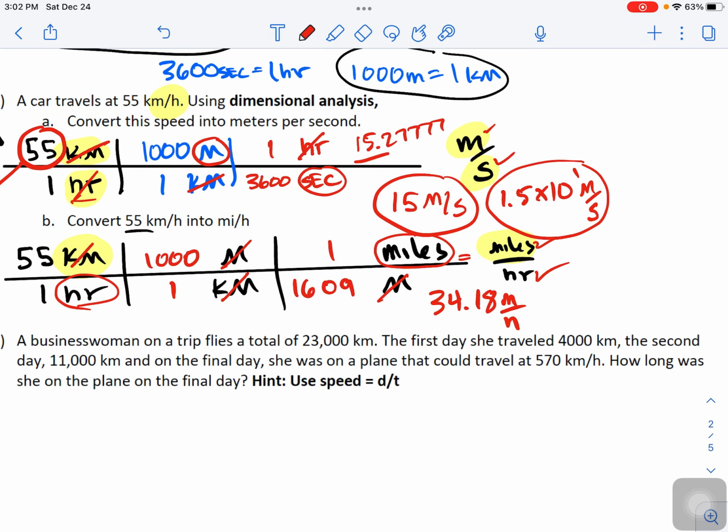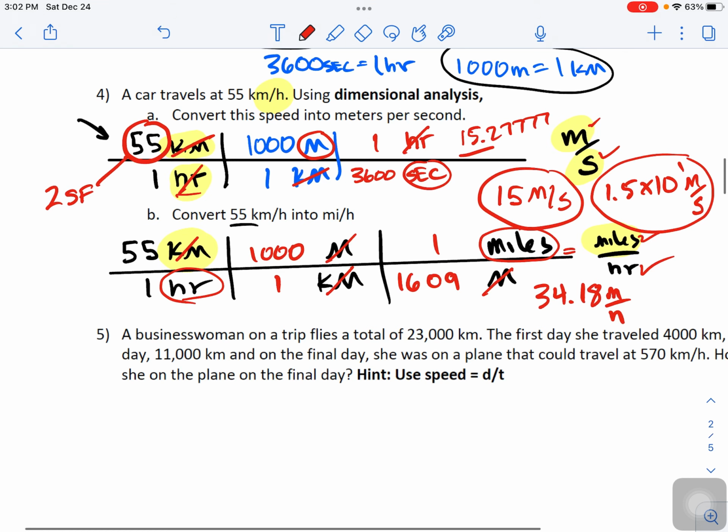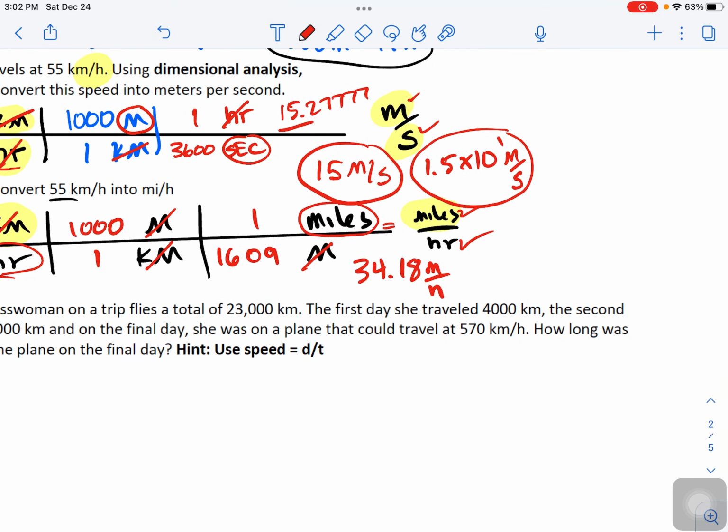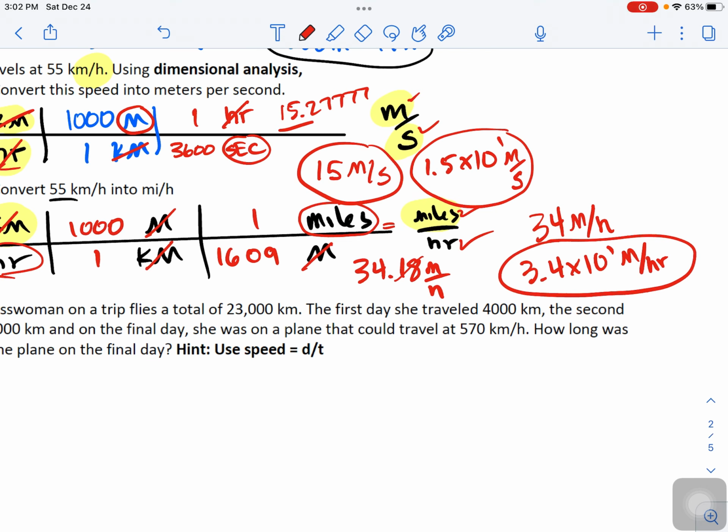All right, and it looks like once again we have 2 significant figures to begin with. So these values are going to round out, and you'd have 34 miles per hour, or 3.4 times 10 to the first miles per hour. And this is in proper scientific notation. But once again, 34 isn't that far away from having a value that's close to 10.